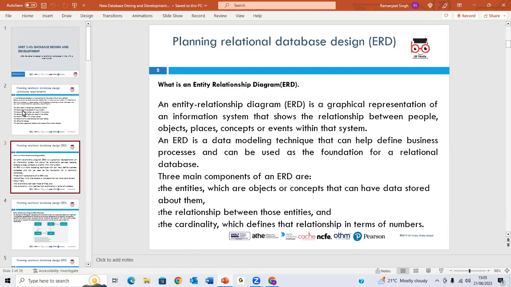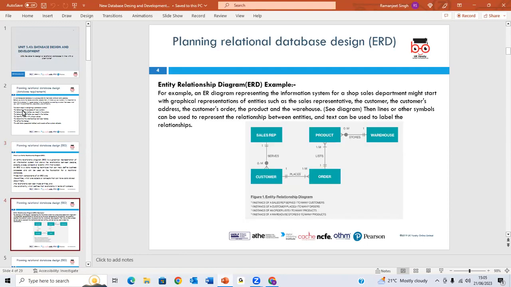So it defines what is the relation between all of these aspects. Therefore, before we now start using our SQL, we need to define them. So for example, a diagram can represent the information system for a shape cell, depending on the graphical representation.